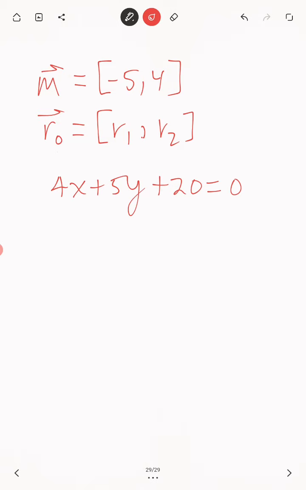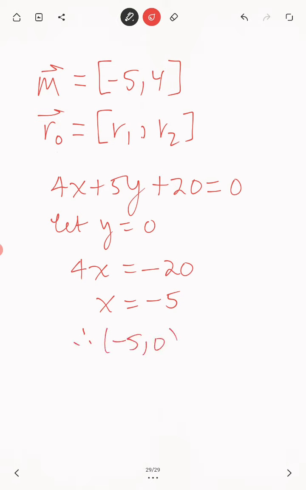Let's say, for example, the x-intercept. So we would let y equal 0. And then the x-intercept would be 4x equals negative 20, x equals negative 5. Therefore, negative 5, 0 is a point on the line. And so I can use that as a position vector for the line, which would be negative 5, 0.